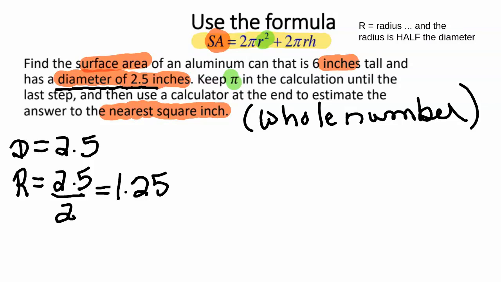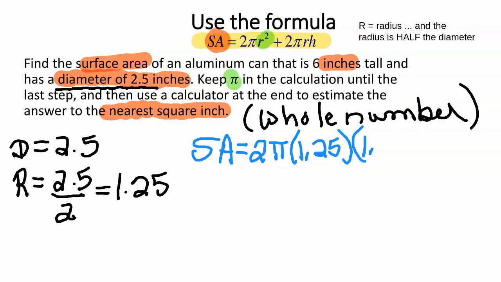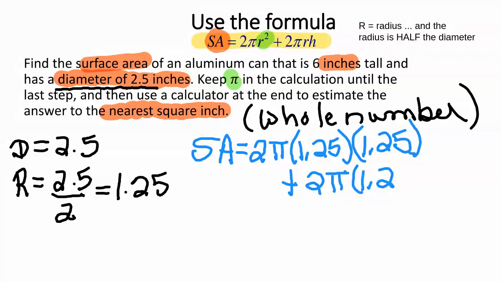Surface area equals 2. Now we're going to keep the pi here for the moment, and we're going to write 1.25 times 1.25. Now I'm going to come down here, plus 2 times pi times 1.25. And remember, height is 6.